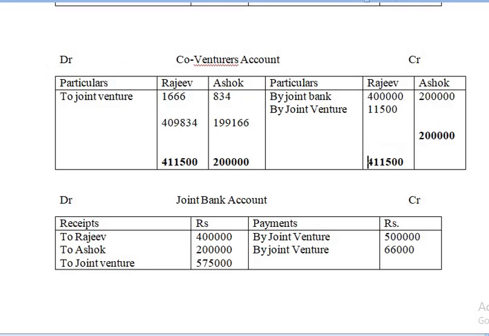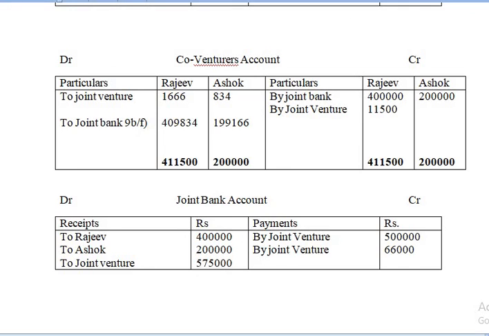Nothing but this is the final settlement made to Rajiv and Ashok. So who will make the final settlement? Again joint bank. So to joint bank, in bracket balancing figure.